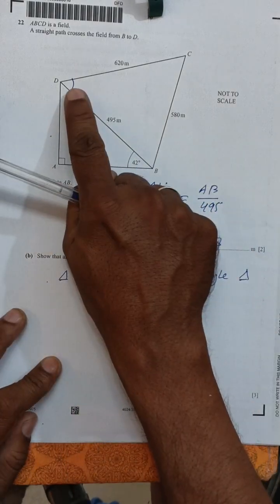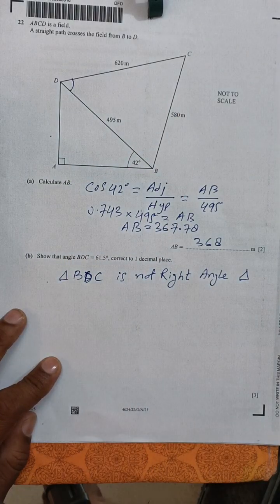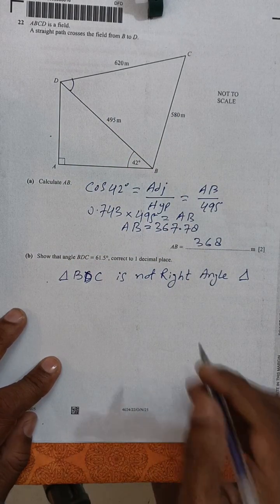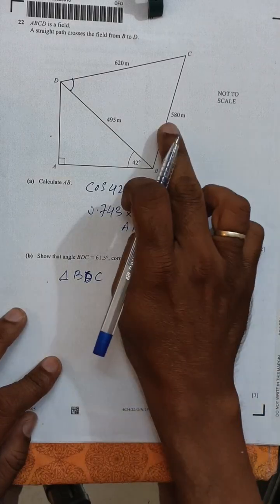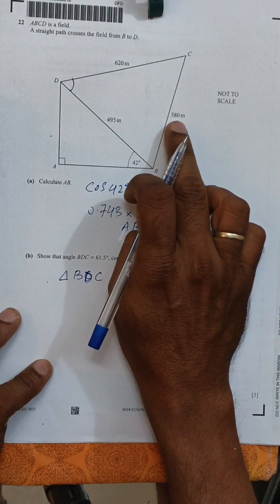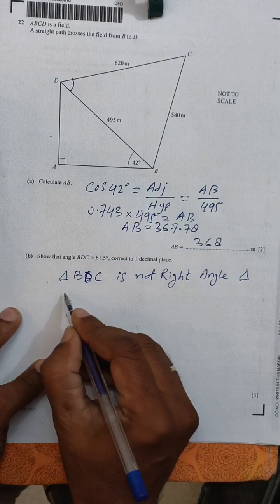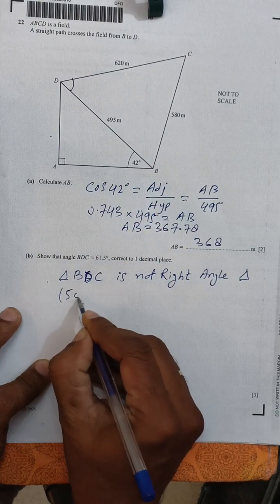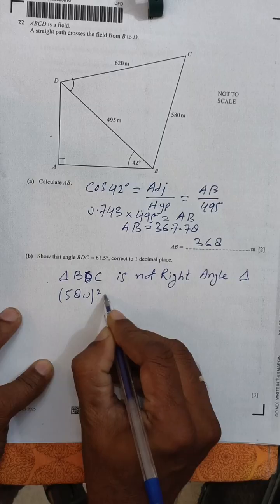You need to find this angle at D. Opposite to this angle is 580. Take the square of 580.